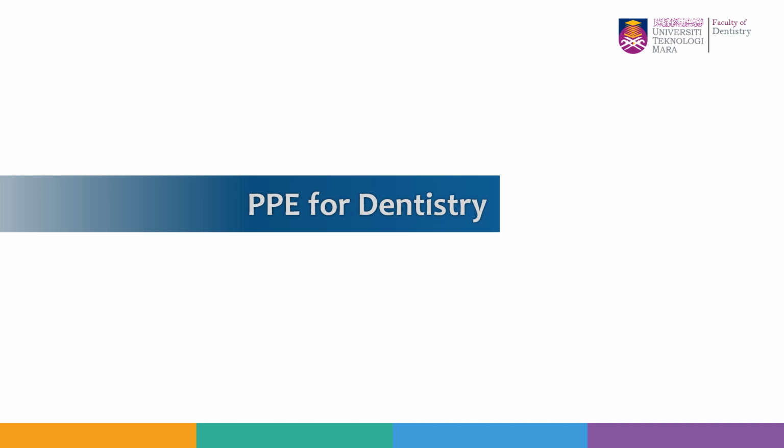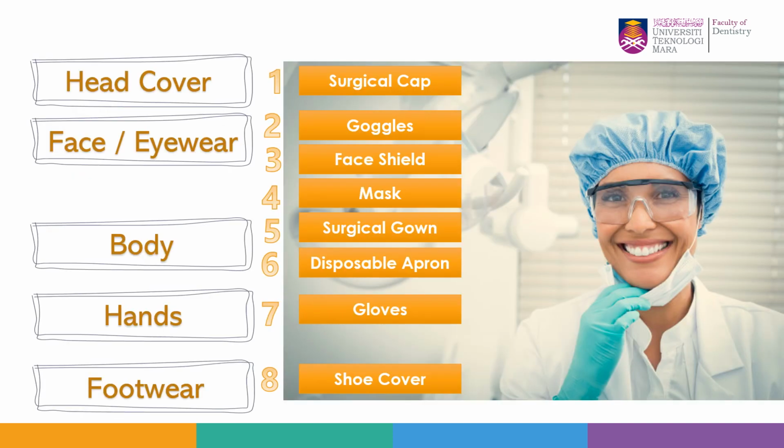All right, let's look into great detail at the PPE in dentistry. Here I just summarize the whole PPE that we usually wear in the dental clinic. This is not particularly for COVID-19, but these are the regular ones. So let's look at them one by one. Starting from the top, the first one is the head cover.